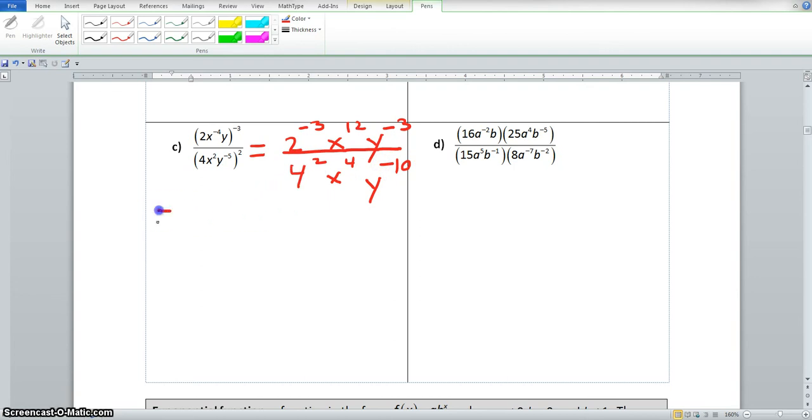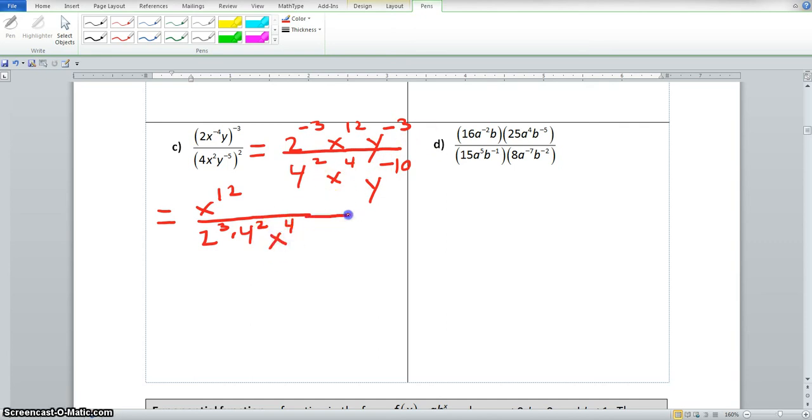Now, 2 to the negative 3, we know that will go in our denominator. So far we had 2 to the 3rd power times 4 squared. And then we will be left with the x to the 12th. And then this y to the 3rd will go down to the bottom of your fraction as well. So we'll write this x to the 4th.